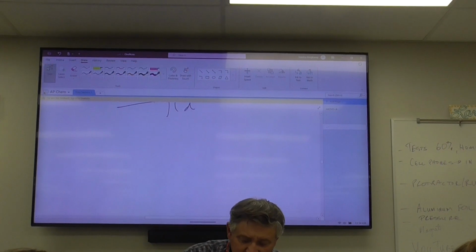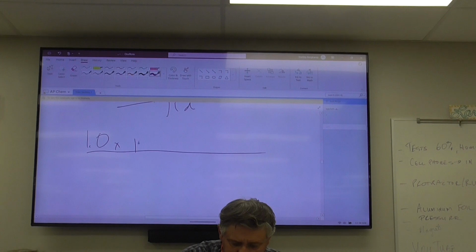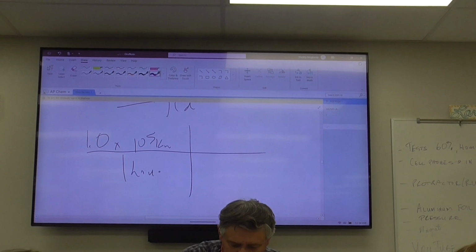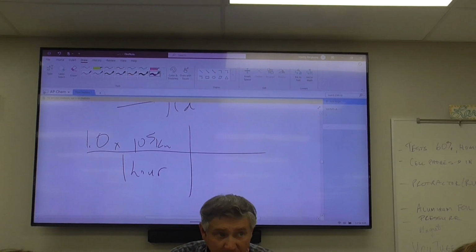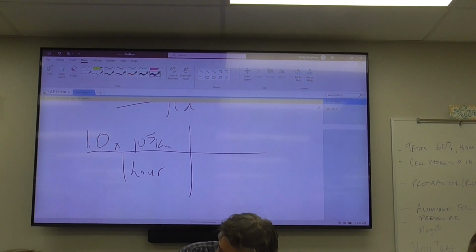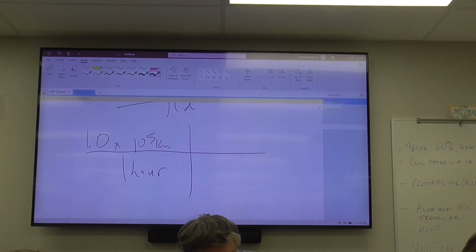So this is what I would recommend. You got 1.0 something times 10 to the 5th kilometers per 1 hour. That's what the number means. Put the 1 hour down below, because that's what it means.